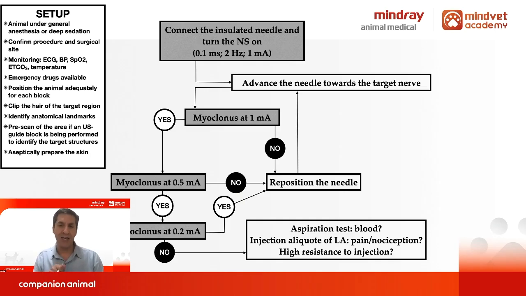First, aspiration test to see if blood appears in the hub of the needle. Then we make a small injection of the anesthetic liquid to check for pain, for nociception, because intraneural injections are painful.